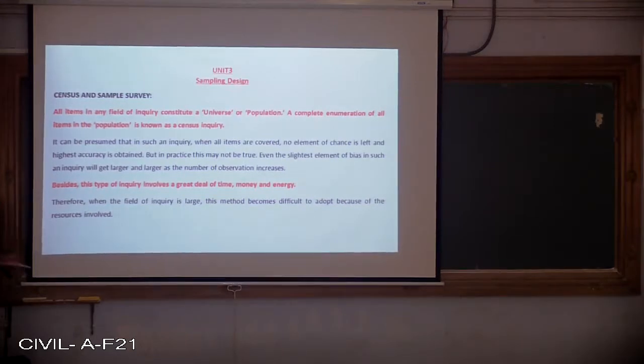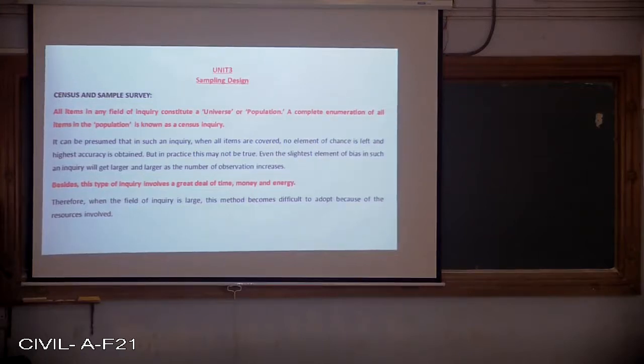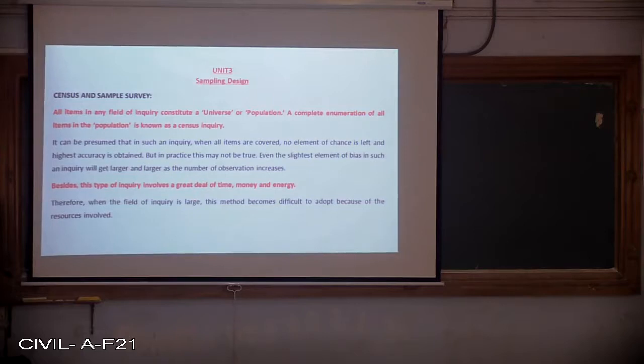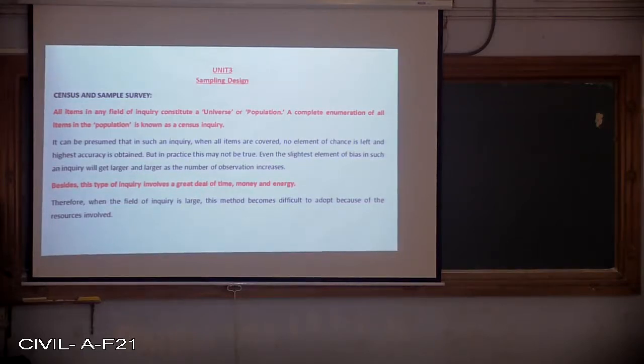So after knowing what is the objective, what is research, what is its importance, research process, research statement, selecting the problem, necessity in defining the problem, need for research design, everything, we can enter into unit 3, that is sample design. What is the sampling design? What is the census and sample survey?